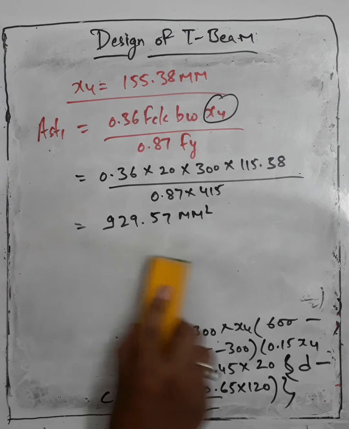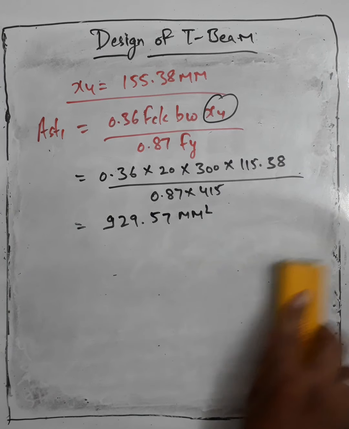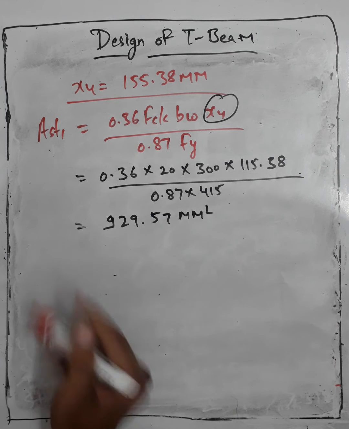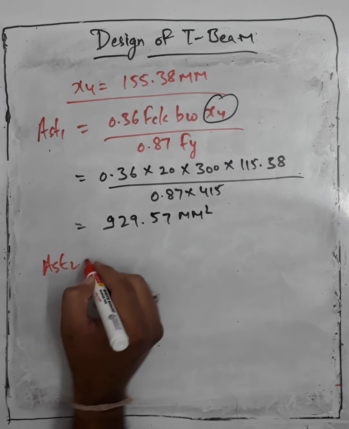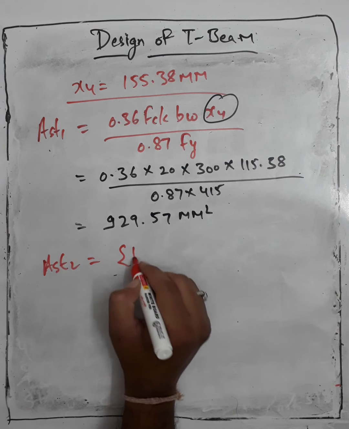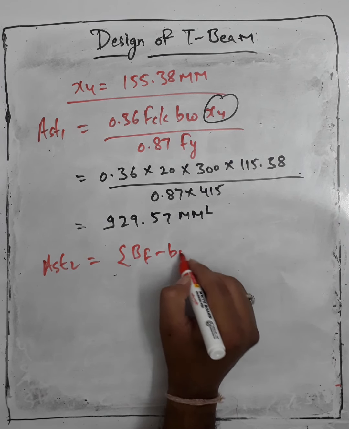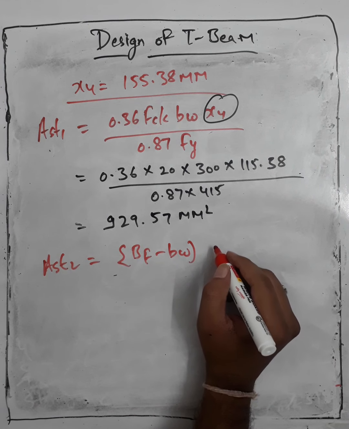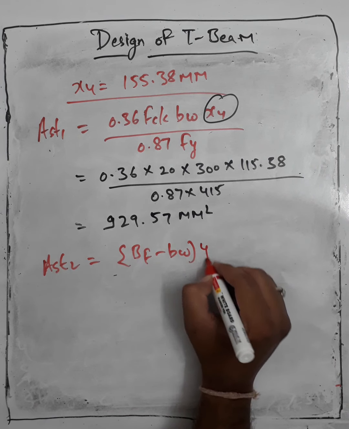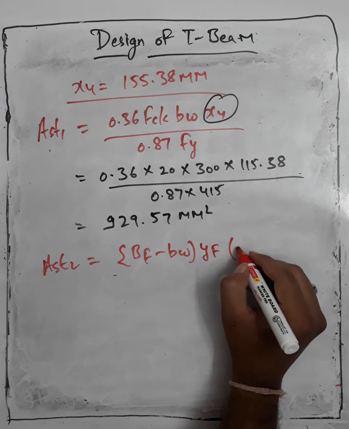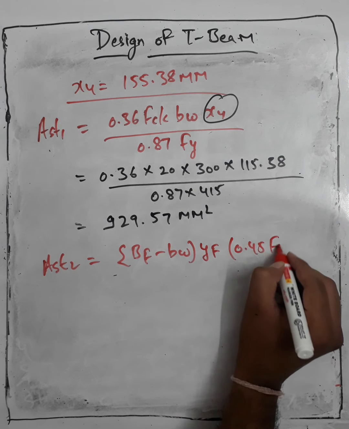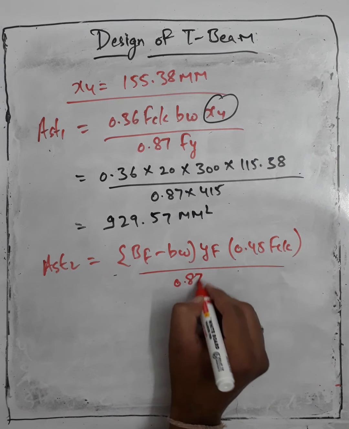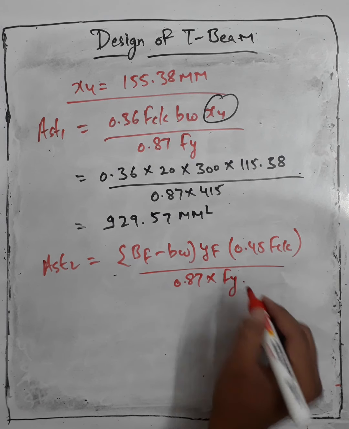For finding Ast2, the formula is Ast2 equal to (bf − bw) × Df, sorry, (bf − bw) × yf × 0.45 fck divided by 0.87 × fy. This is the equation.